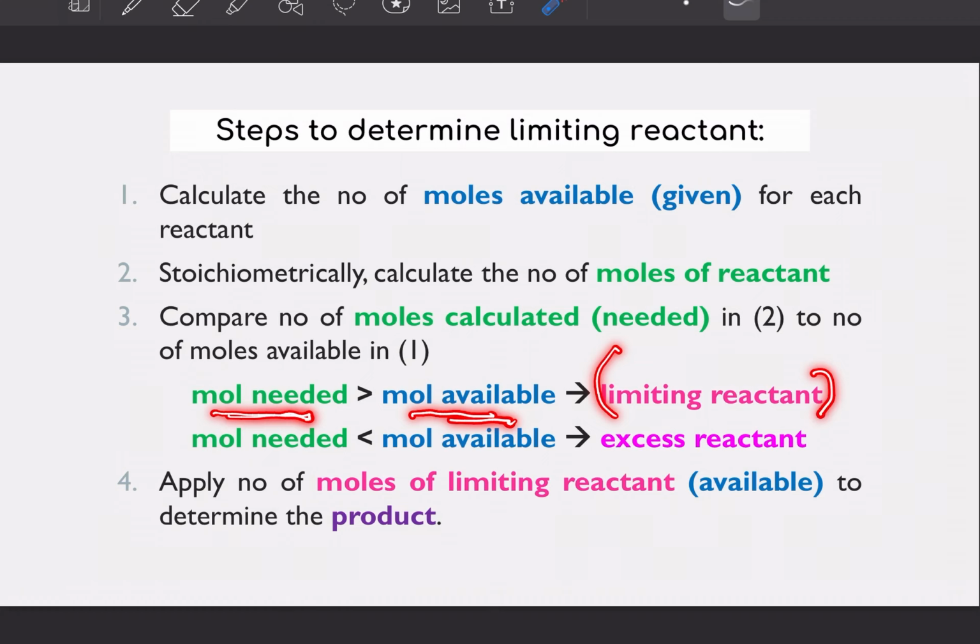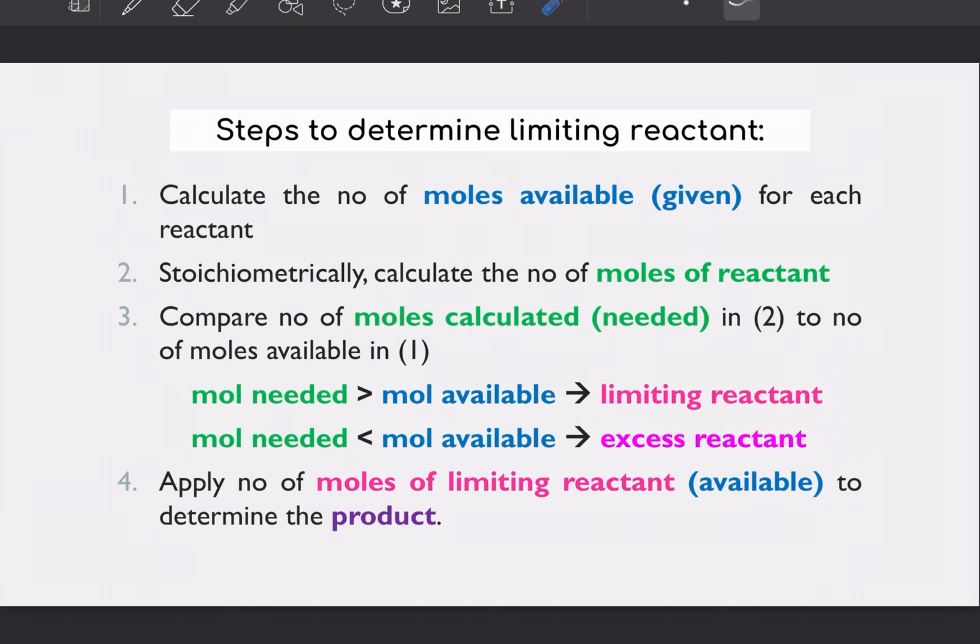Okay, sebab kenapa? Sebab mole available yang awak ada lebih kurang daripada mole needed. So maksudnya tak cukup lah. So dia yang akan limit berapa banyak produk awak akan form.